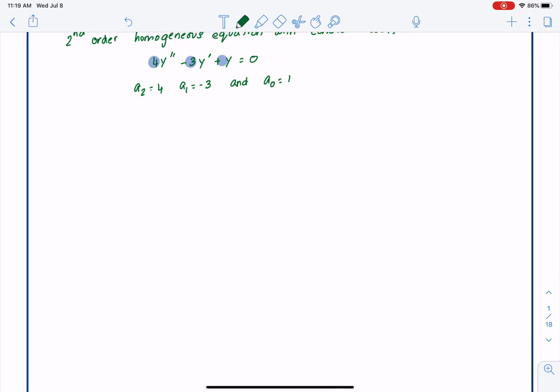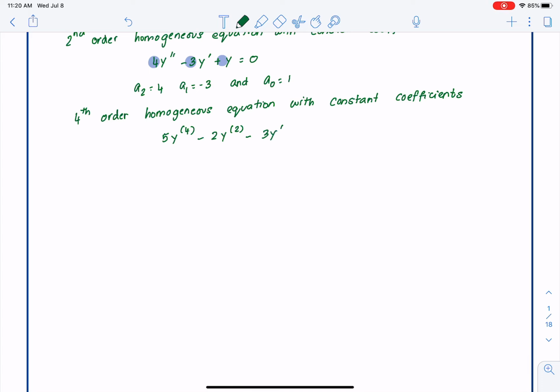And I could extend this and keep on going. For instance, a fourth order homogeneous equation with constant coefficients would be 5 times the fourth derivative of y, minus 2 times the second derivative, minus 3 times the first derivative, plus y equals 0.